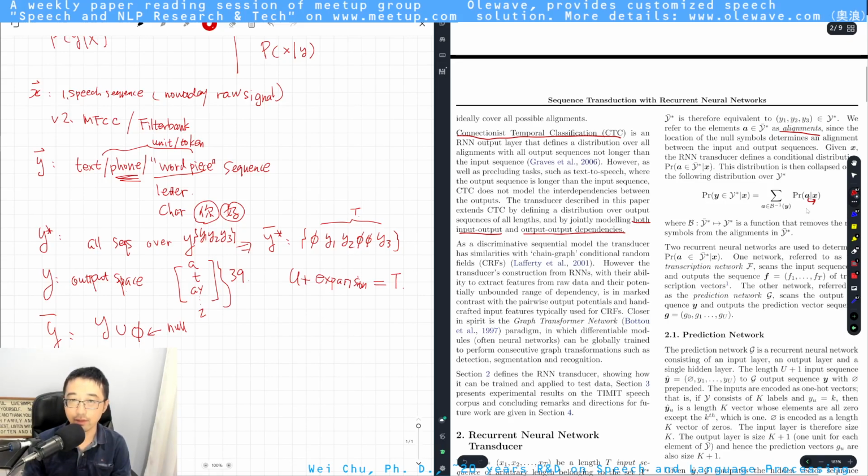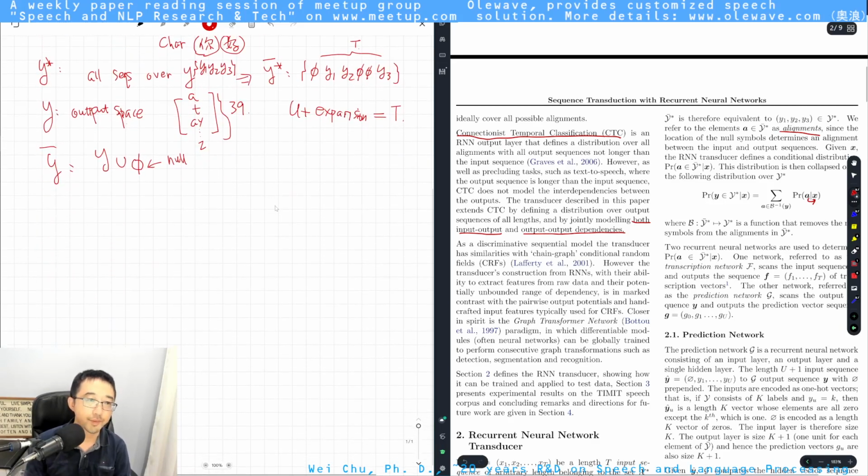It's a headache. Thank you to Baum and Welch, who came up with the Baum-Welch algorithm, which is also called the forward-backward algorithm.